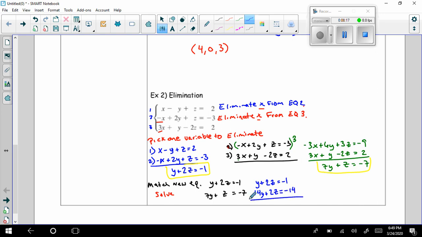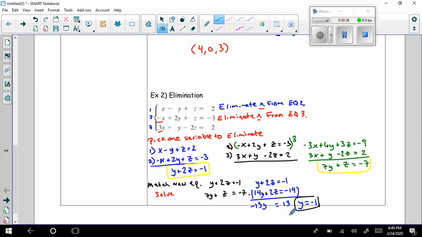Then I'm going to subtract. All right, so y minus 14y is -13y. The z's cancel, and I get positive 13. So y equals -1. All right, so we have our first variable.